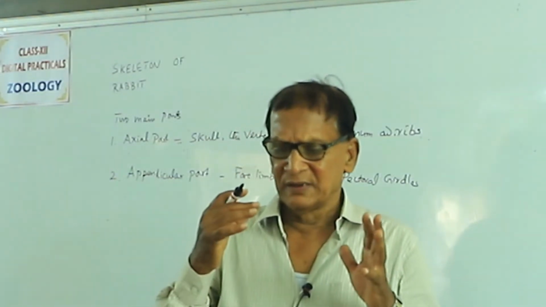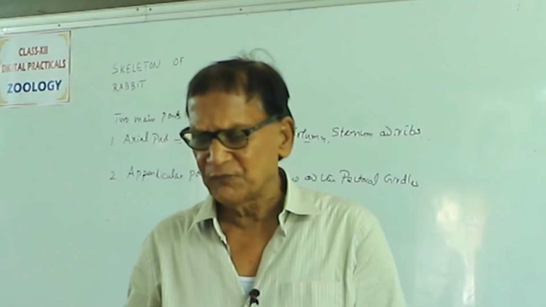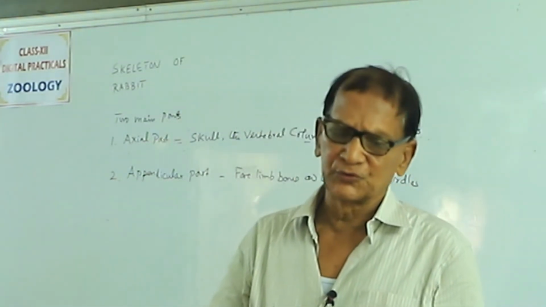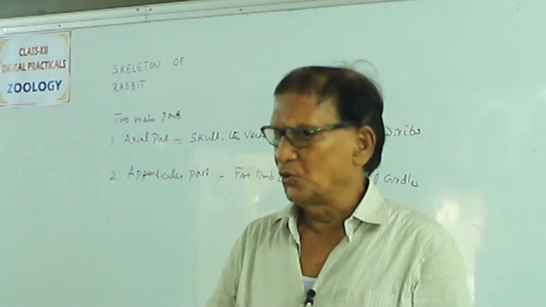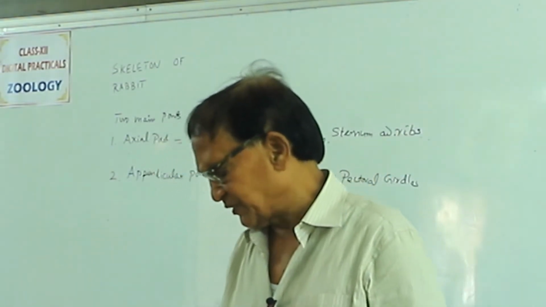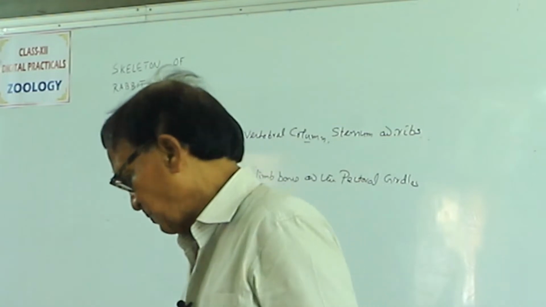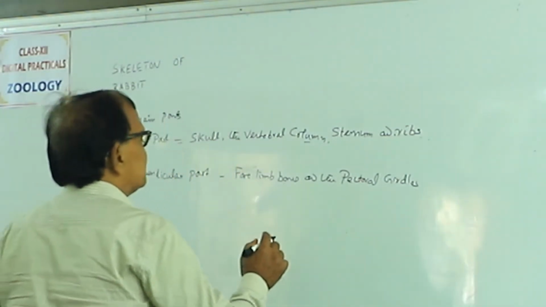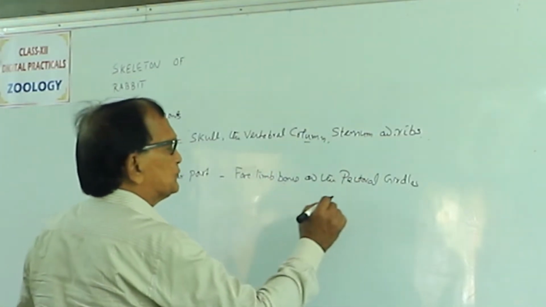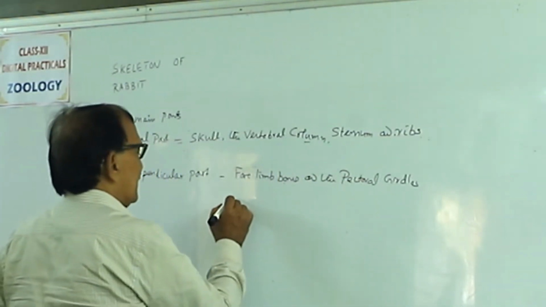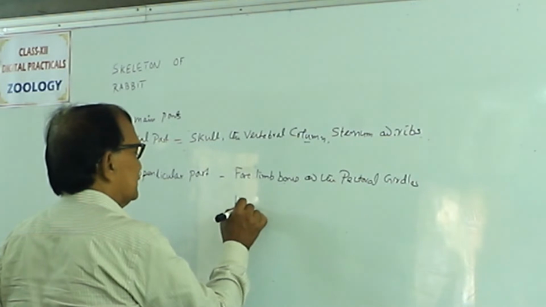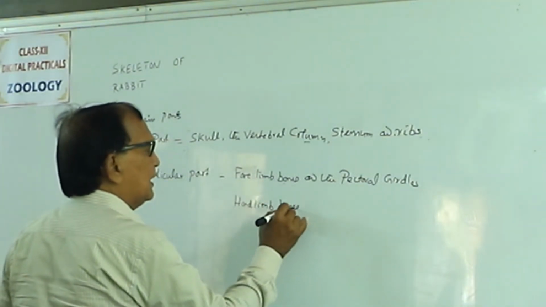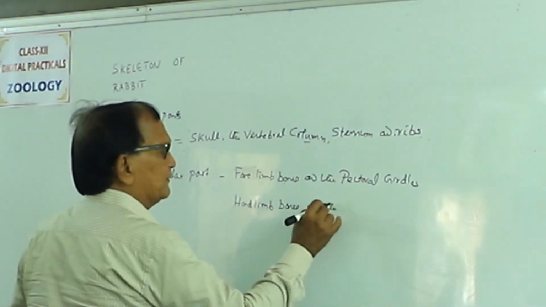So the girdles provide for the attachment of the limb bones of the forelimb as well as of the hind limb. So the appendicular part comprises the forelimb bones and the pectoral girdle, and the hind limb bones and the pelvic girdle.